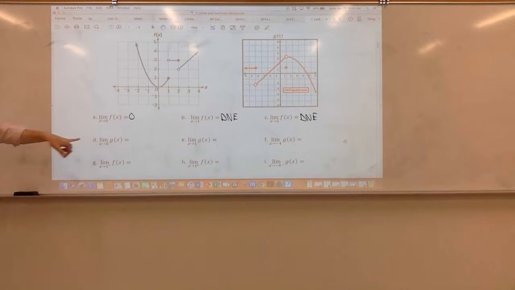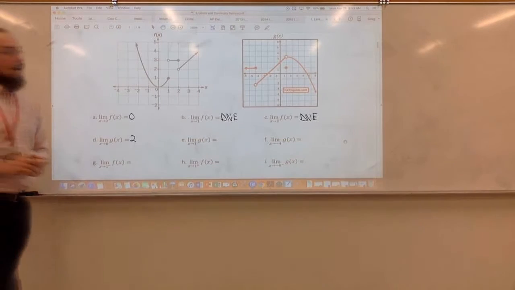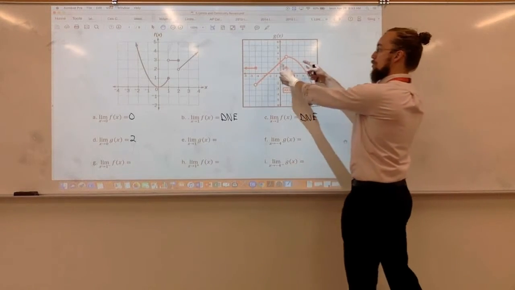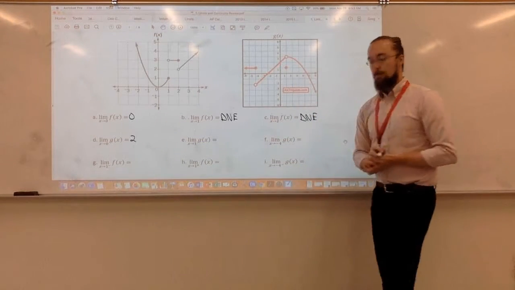How about for g of x as x approaches 0? 2. As x approaches 1? 3.5. It exists because we are approaching the same number.